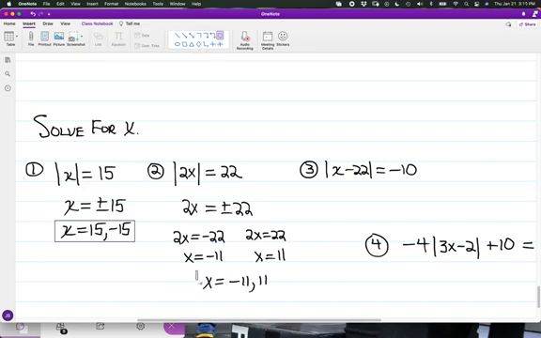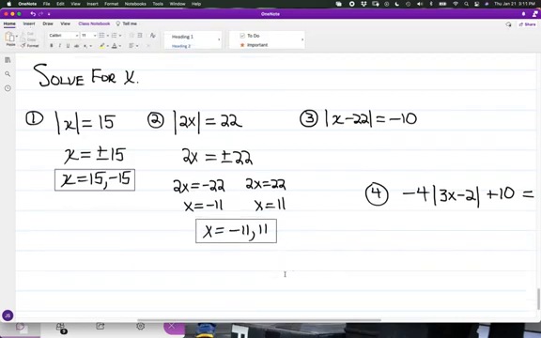Now, for the third item, we have that the absolute value of x minus 22 is equal to minus 10. Here we have the absolute value expression of x minus 22, and k is represented by negative 10.